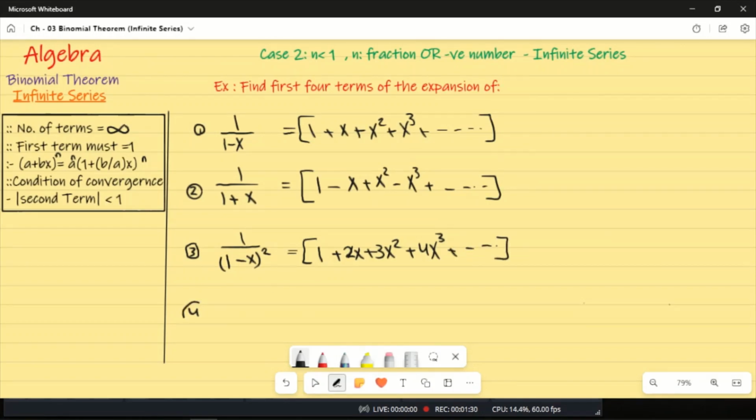Here, 1 by 1 plus x squared is equal to 1 minus 2x plus 3x squared minus 4 cubic x plus the continuation. So this series can be used directly in our example.